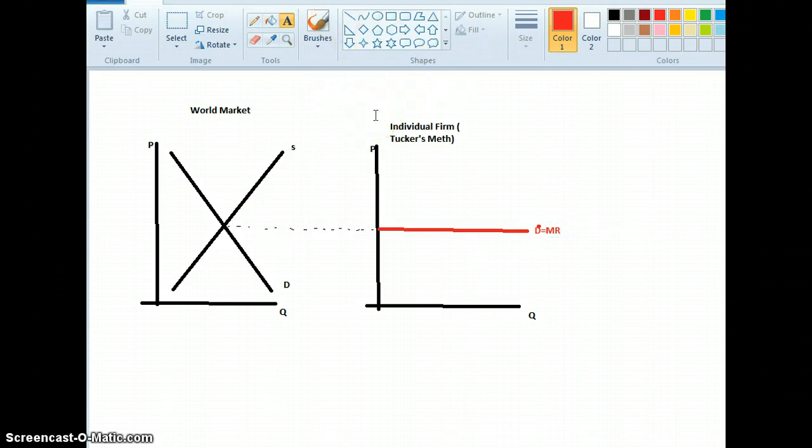Now continuing, we will add in the marginal costs for this firm. And they'll be represented in blue.